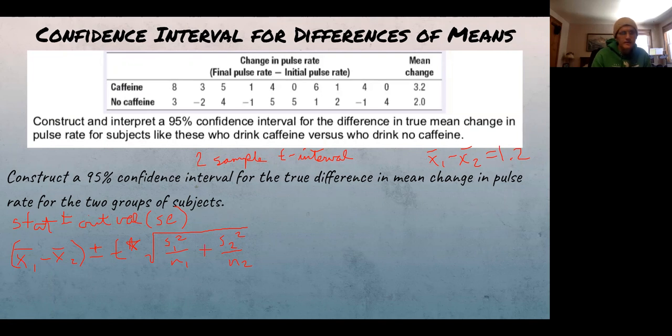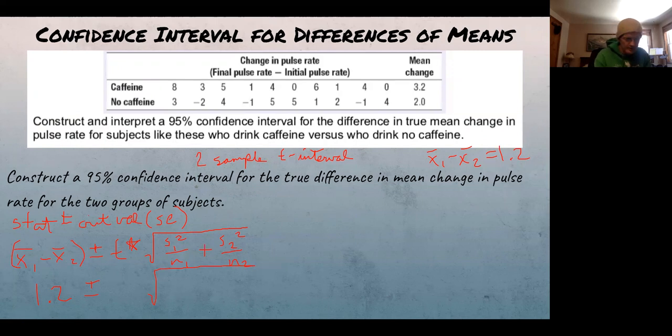All right. Now we can start plugging in some specific values. I know that my statistic this time is 1.2. There's a 1.2 difference in change of pulse rate. Plus or minus, I'm going to leave the t star empty for right now. S sub 1, now I did not write this down, but you guys have it written down.